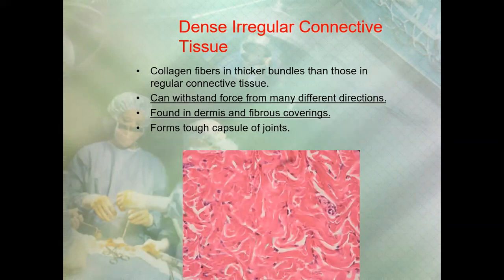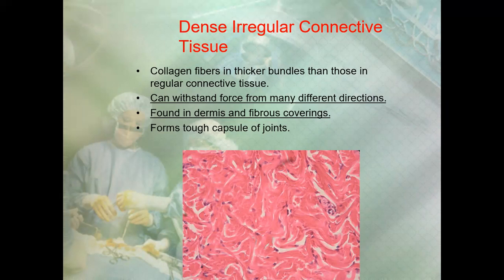Irregular meant that they're going in many, many directions, and they can resist stretching from any direction. One of the common places we see this irregular fiber formation is in your joint capsules. The joint capsule really is just like a super strong saran wrap that goes around the bones, holds in the fluid, and aids in supporting, but it needs to resist stretching in every direction.